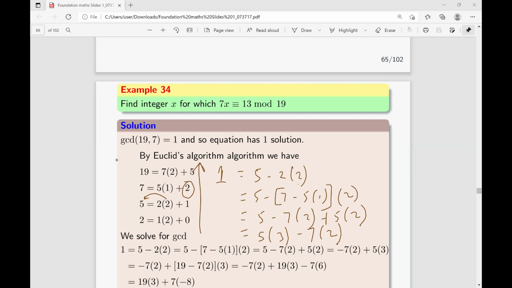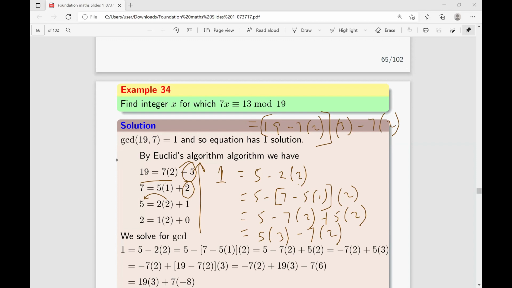Replace the next remainder, which is 5. Instead of 5, write the equivalent, which is 19 minus 7 multiplied by 2. Then multiply this by 3. Then minus 7 multiplied by 2. Open the brackets.